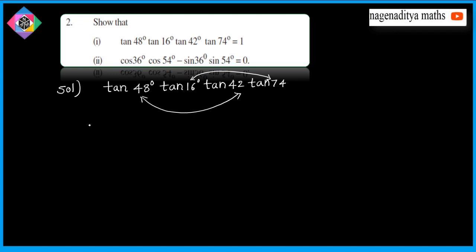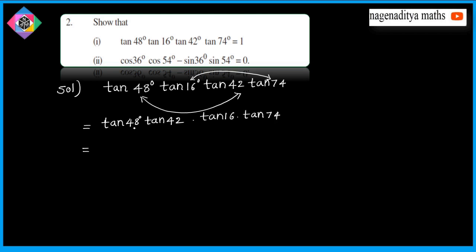So this is equal to tan 48 degrees multiplied by tan 42 degrees, and tan 16 degrees multiplied by tan 74 degrees.